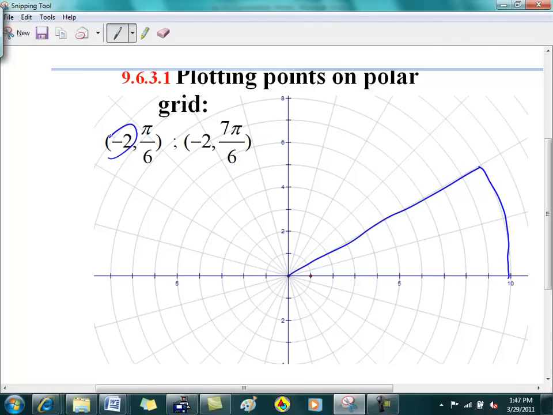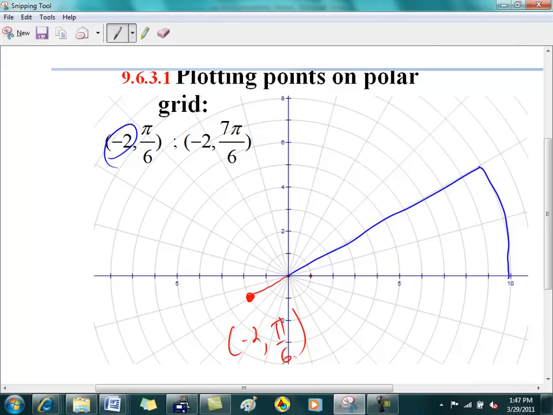Then because of this negative sign, instead of staying on that line, you're going to go exactly in the opposite direction because of the negative sign. You guys with me? So you're going to go on the opposite line to there. So that is negative 2 comma pi over 6. Is everybody with me on how to do a negative radius? Do you guys want me to show you again one more time? Got it? You guys got that okay?